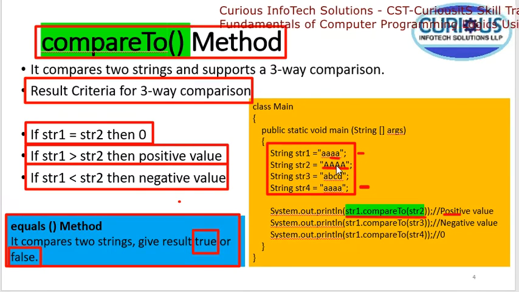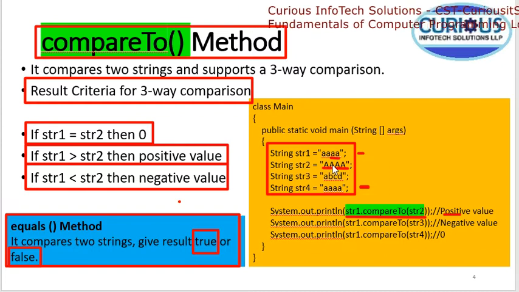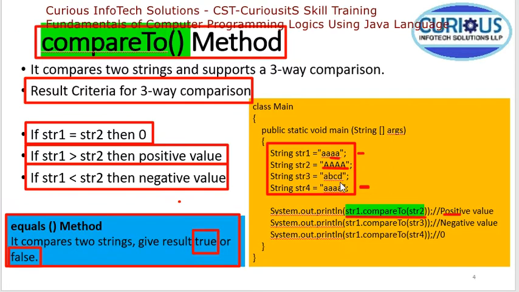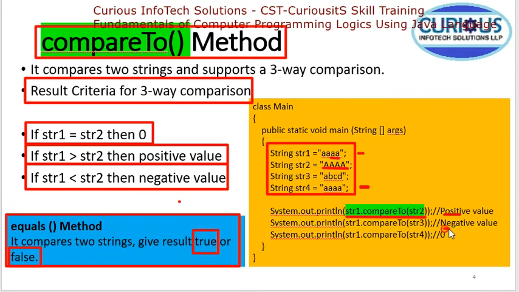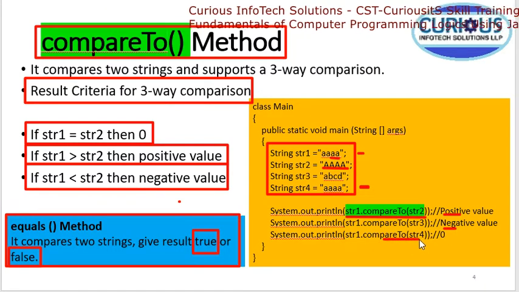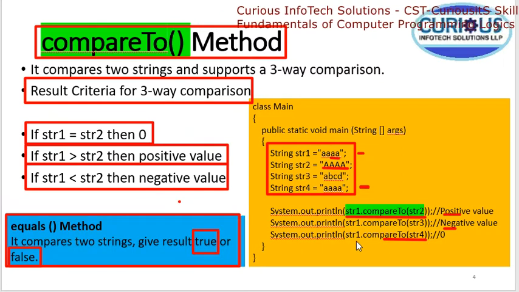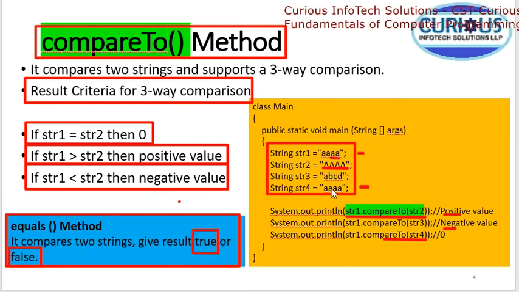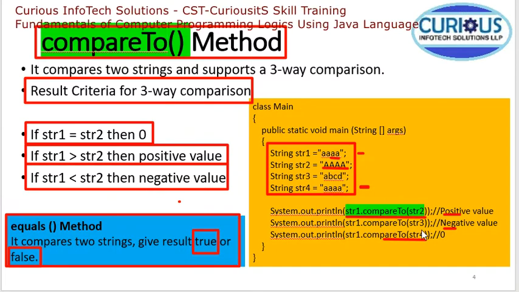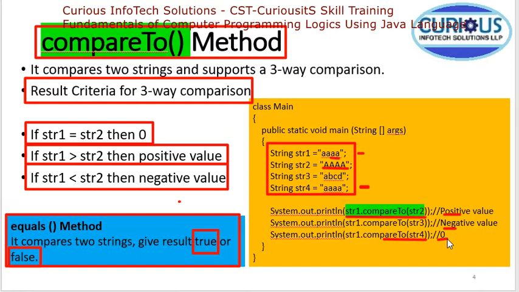A actually has an ASCII value of 65, and small a comes under 97. Then string 1 compared to string 3: here we will get some negative value. But when we compare the first string with the fourth string, we should get the exact same letter, that is small a, and so we should get the output as 0.